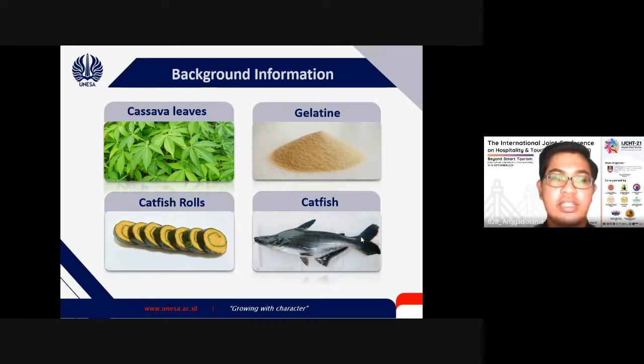In this research, the catfish roll, which normally uses egg skin, was developed using gelatin and cassava leaf, later used as content for the catfish. At present, knowledge of the use of cassava leaf remains lacking because of the limited processing of cassava leaf. The innovation of local food products from Indonesia is a new strategy for food diversification.